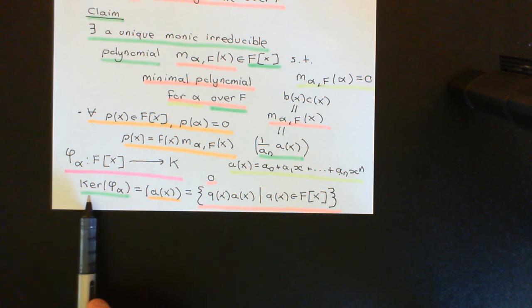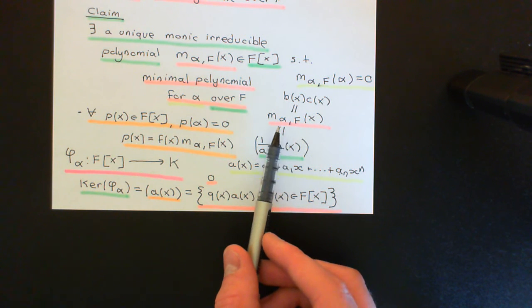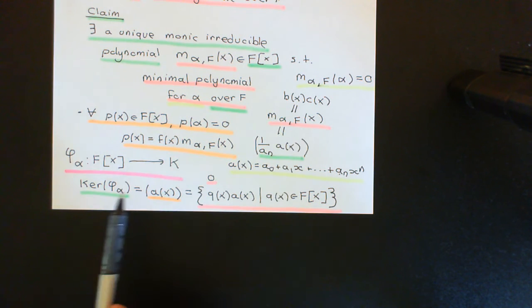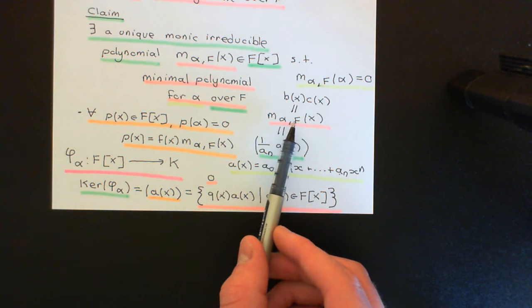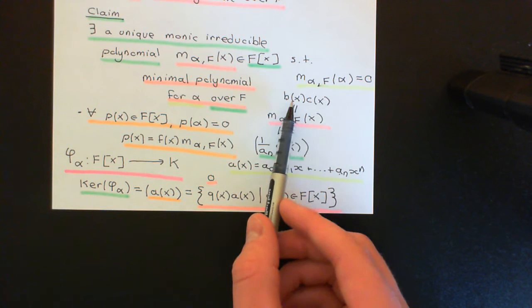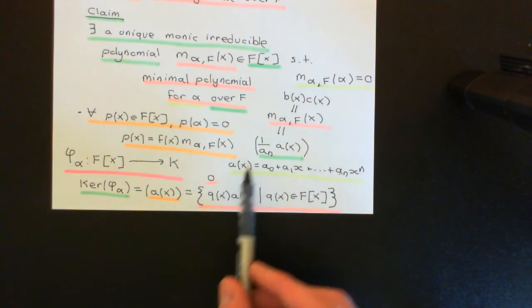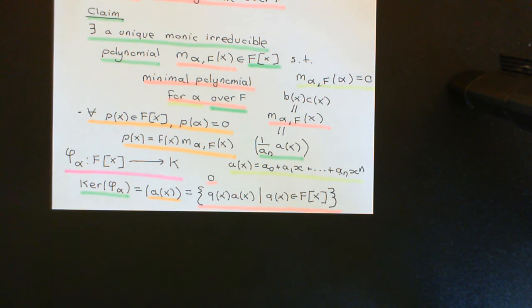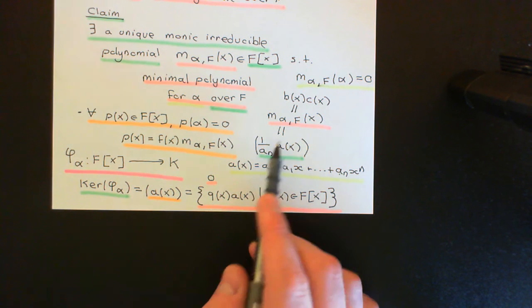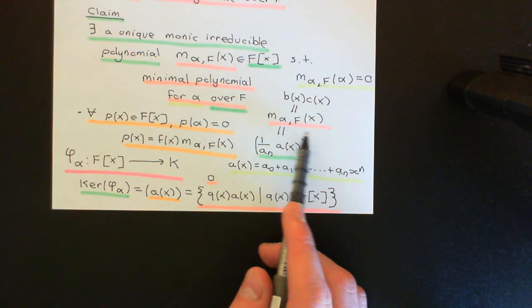And then finally, the polynomials that have degree greater than the minimal polynomial of alpha over F. They're just going to be multiples of the minimal polynomial of alpha over F. So they're going to be in the principal ideal generated by this, so they're going to be some other polynomial, q of x, times the minimal polynomial of alpha over F, and this other polynomial that you'll have multiplied with them will not be a constant polynomial because they have degree greater than this.